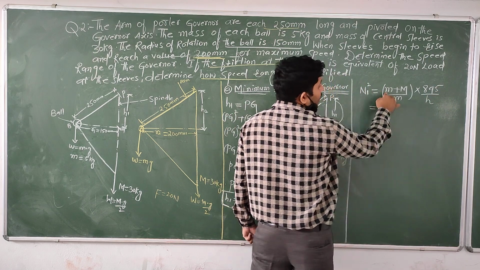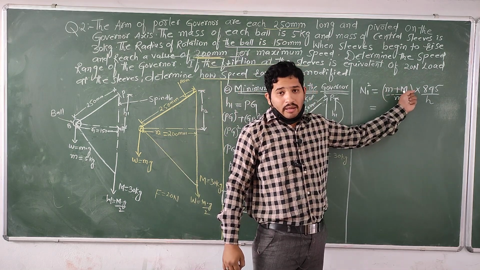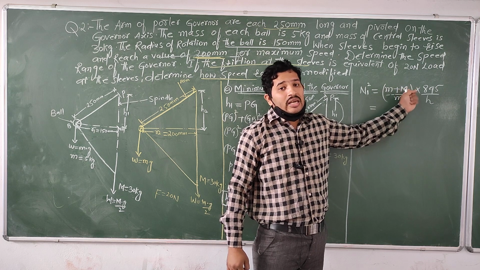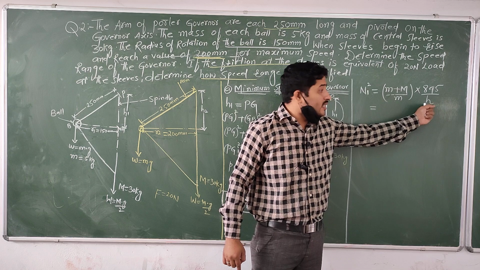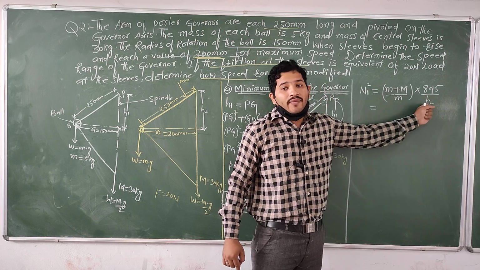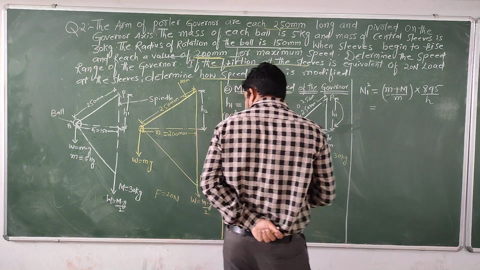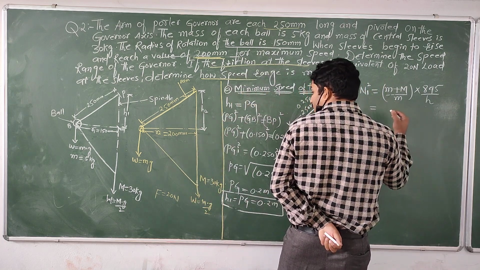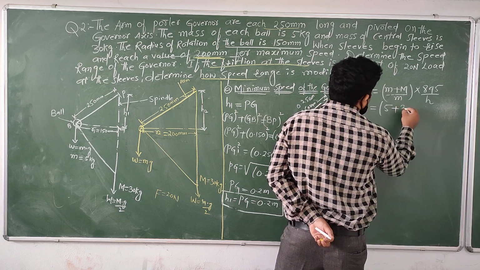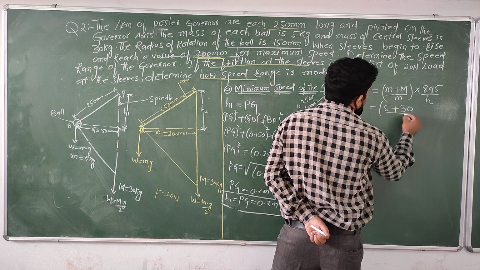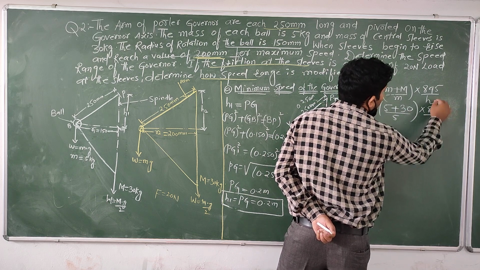The small m is the mass of the ball, capital M is the mass of the central load, and h indicates the height of the governor. Then small m, how much did we get here? Small m value is 5 kg. Capital M value is 30 kg.